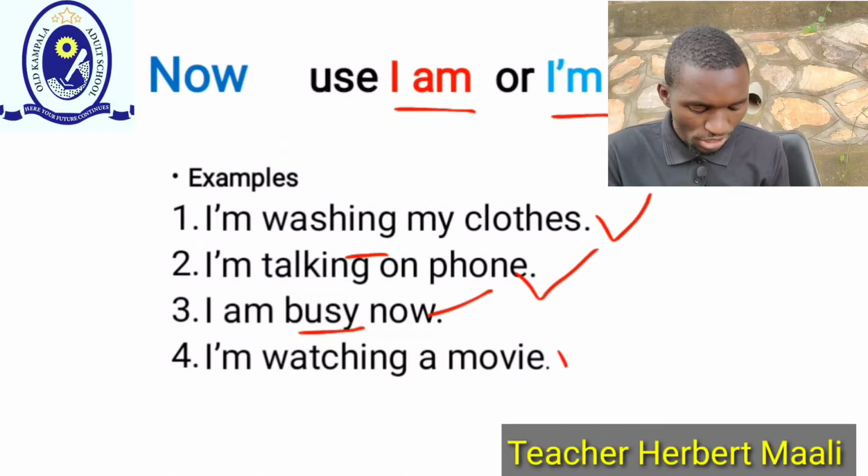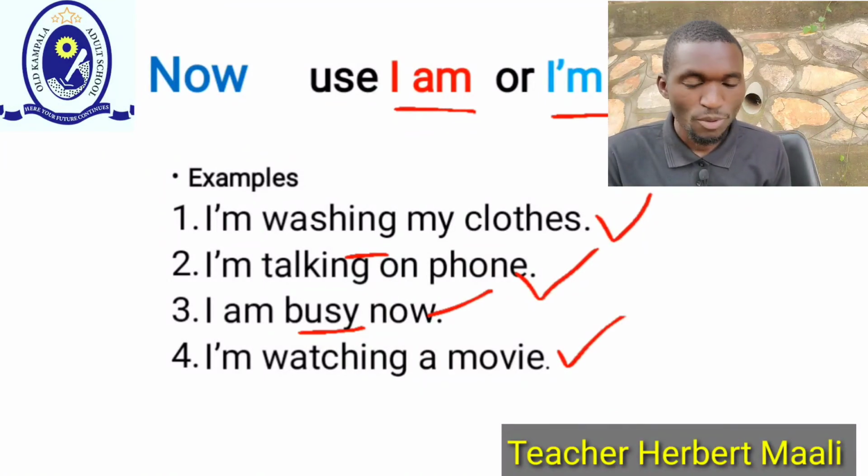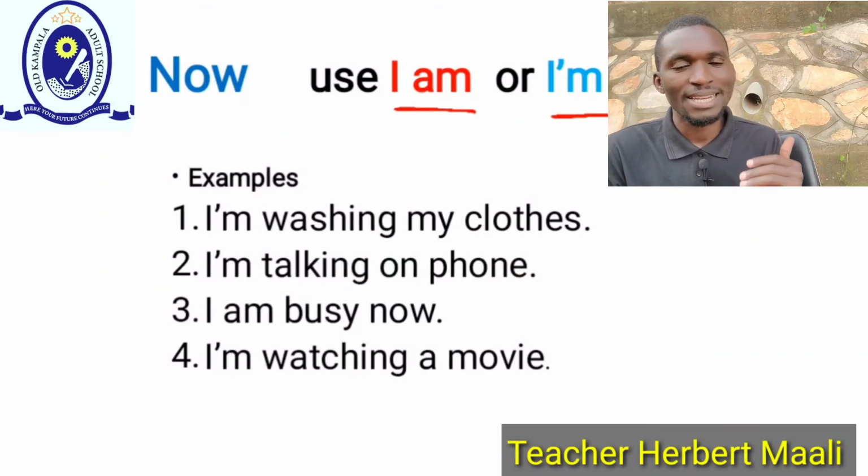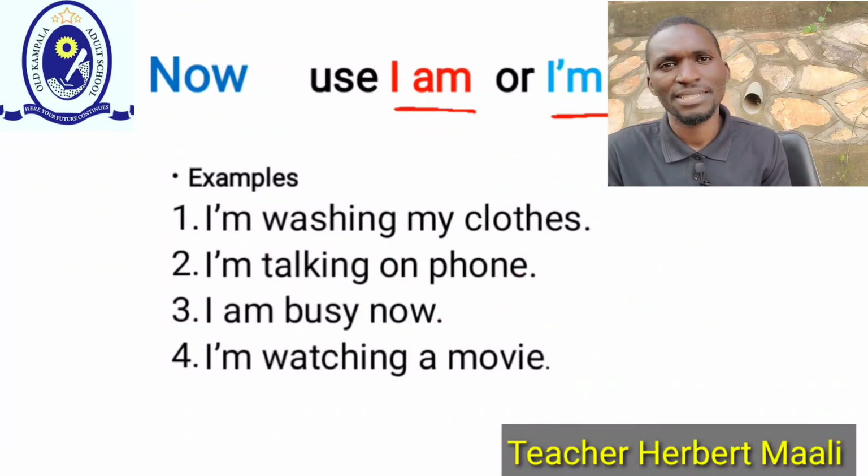I'm watching a movie. I am watching a movie now. So we have understood that when we use "I am" or "am," we use it just for actions which are happening now, at the present.